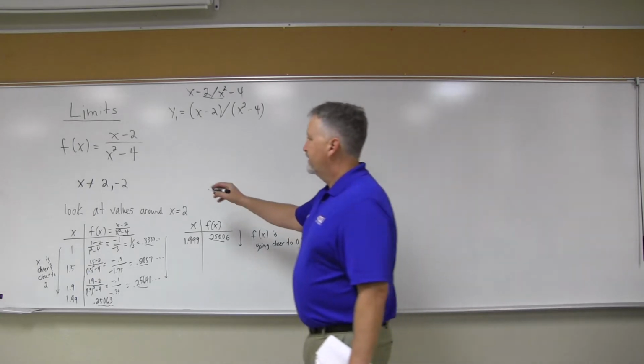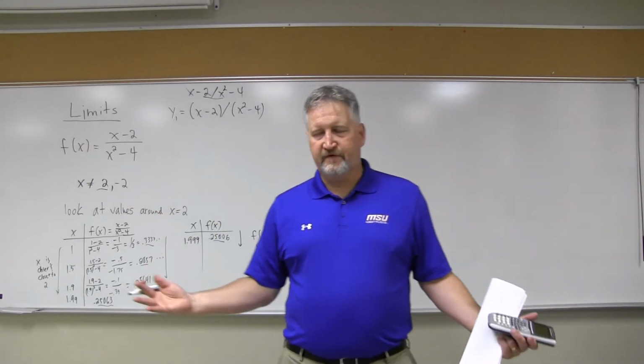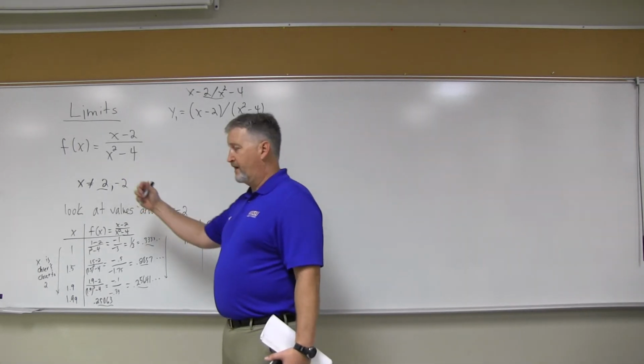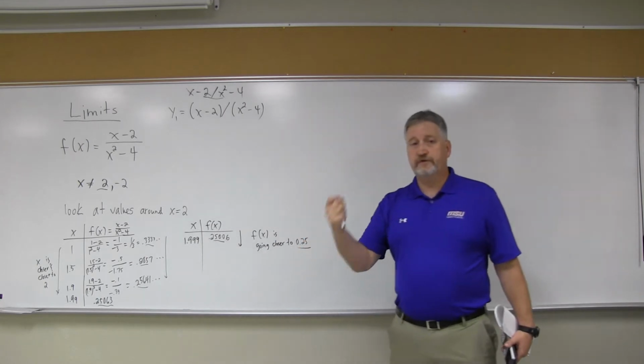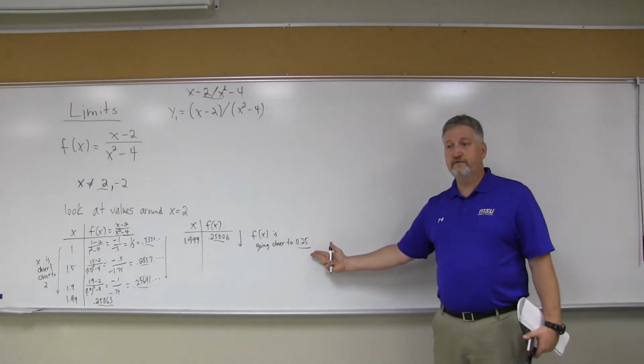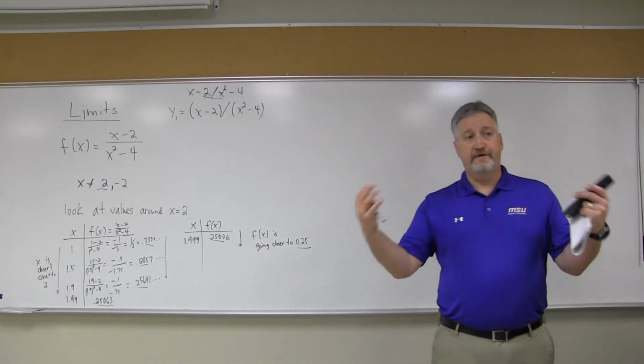We can't get a function value at 2 because the function is undefined at 2. If we plug in 2, the function is undefined. However, as we get closer and closer to x equals 2, the function value does look like it is nearing some value, and it's 0.25. This is the idea of the limit.